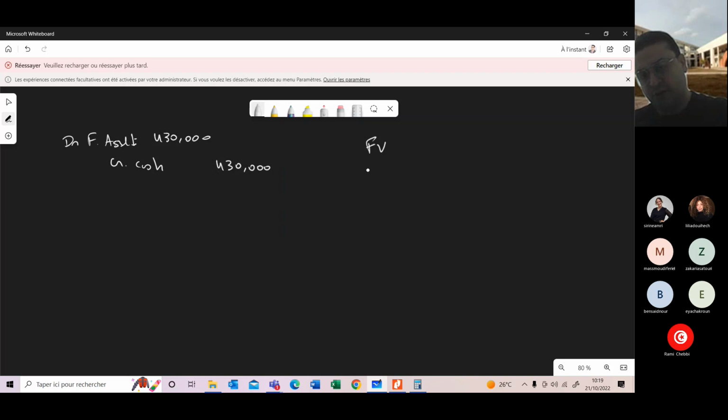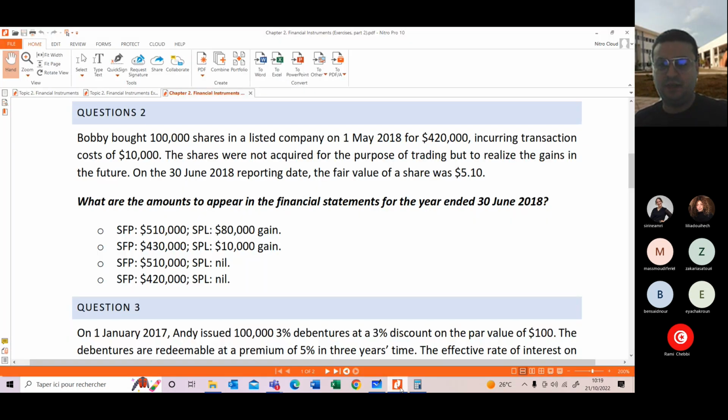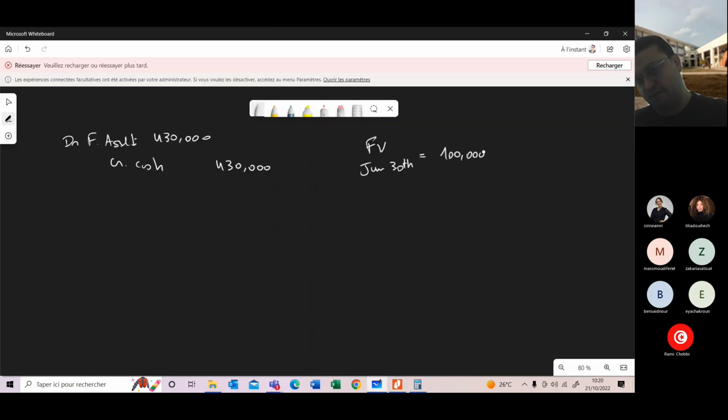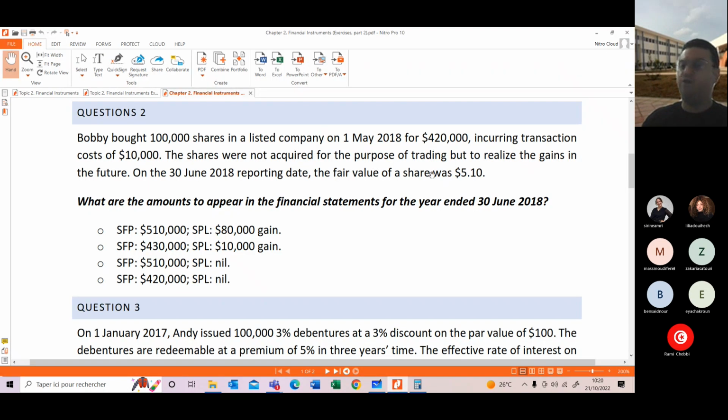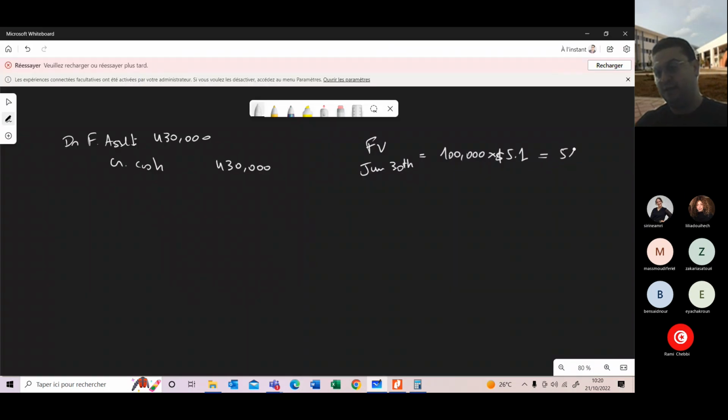The fair value at June 30th equals 100,000 shares times $5.10, which is 510,000.